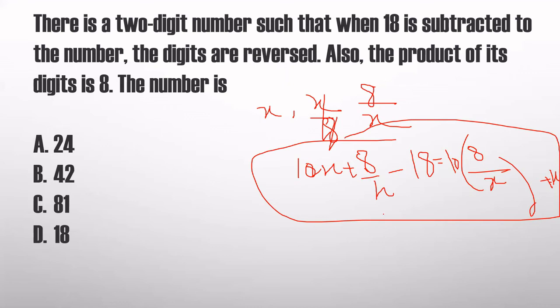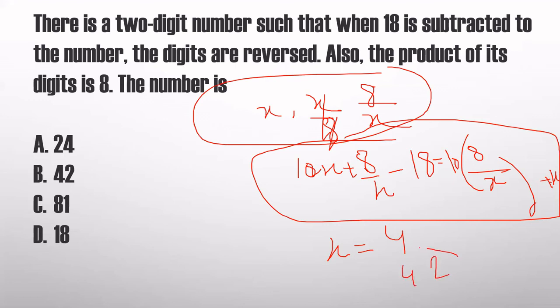Okay. So now if you solve this, you will get x equal to 4. And if you just place this in the number format, you will get the number, that is 42. So the answer is 42.